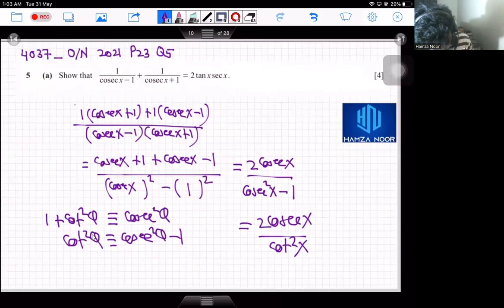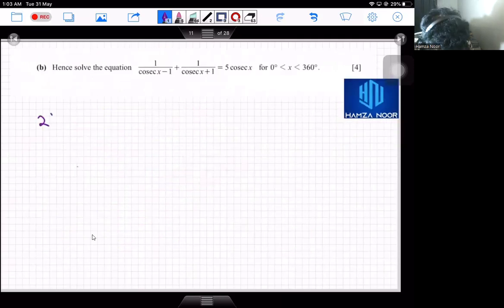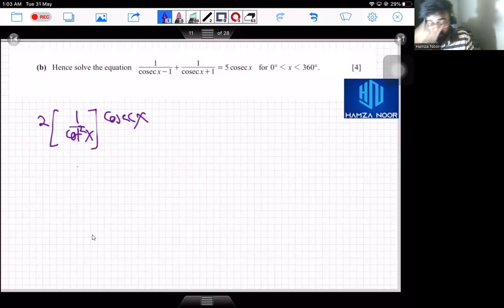Now, I will rewrite it like this: 2 multiplied by 1 over cot square x multiplied by cosec x. This is exactly the same thing we achieved in the earlier working. So in place of 1 over cot square x, I can write tan square x, isn't it?